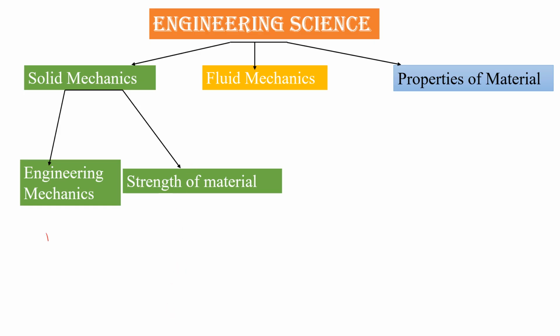First of all, what is a rigid body? A rigid body is a body in which the length before applying a load and the length after applying and removing that load is the same. In the case of a deformable body, the length before applying the load and after removal of that load is not the same.